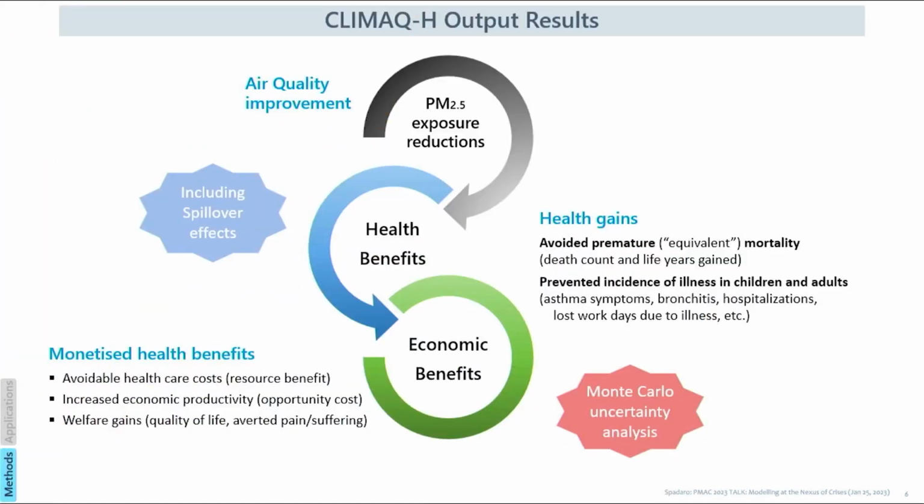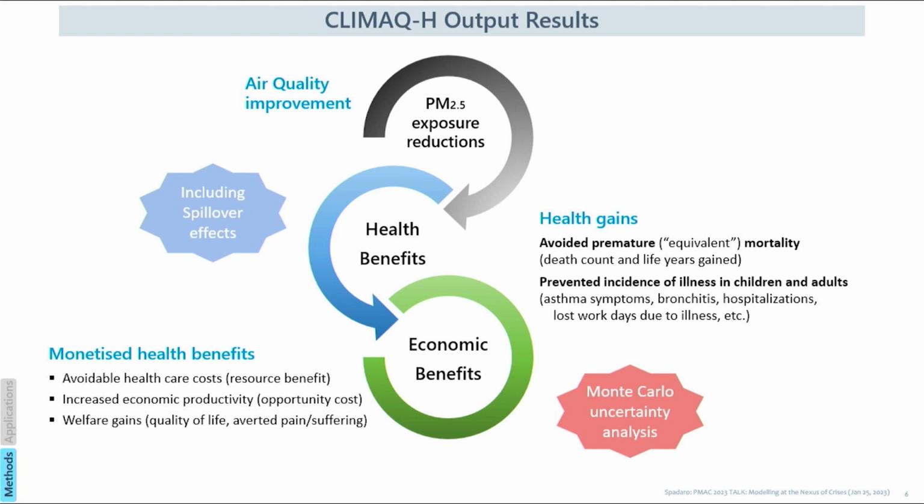CLIMAQ-H generates three output products capturing the benefits both at the national level, the country in which emission reductions occur, and at the regional scale, transboundary effects. These are 1. The PM2.5 concentration change, 2.